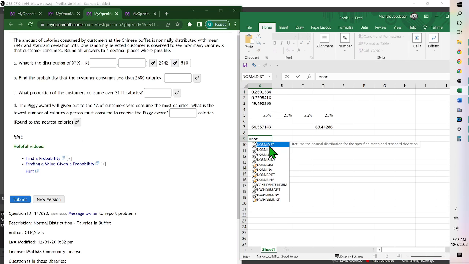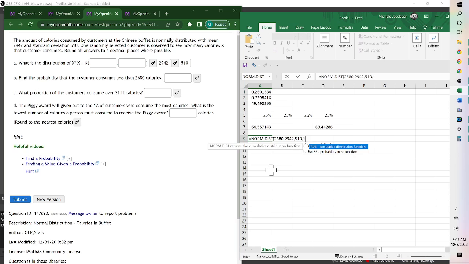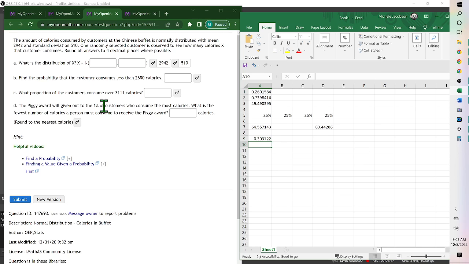You want the probability, so we use this one, 2680, comma, the mean, 2942, comma, 510, and our total is 1 under the curve, and hit enter. So this is the percent below, and they said to find the probability that it consumes less, so that would be the correct answer. If they wanted greater than, you'd have to subtract from 1.